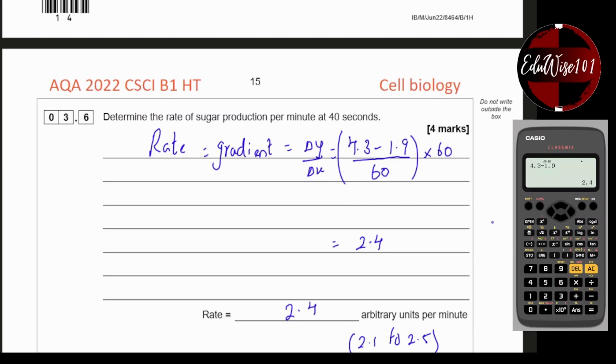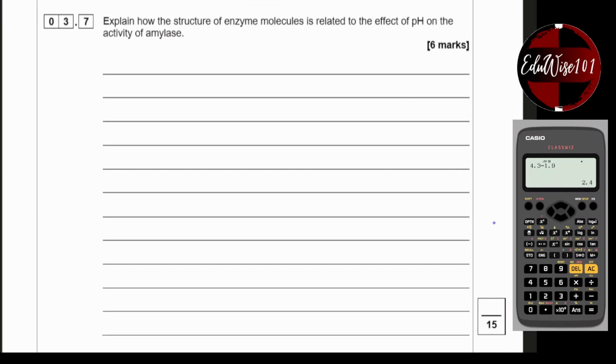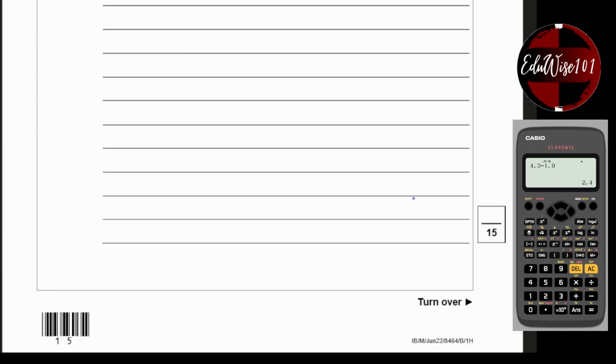Question 3.7. Explain how the structure of enzyme molecules is related to the effect of pH on the activity of amylase. So this is referring to the lock and key mechanism. Just to review a little bit on this, let me give you a bit of notes and then discuss the answer.